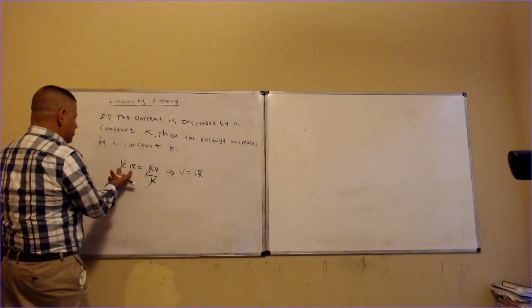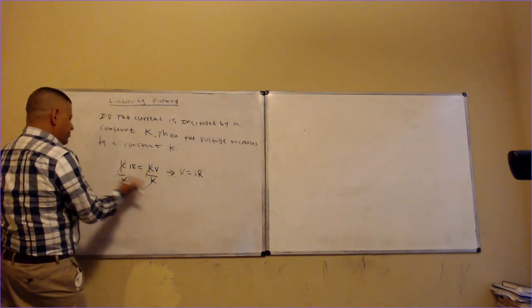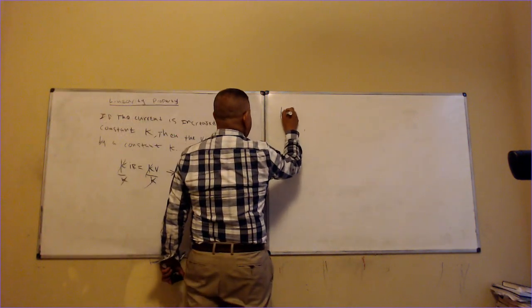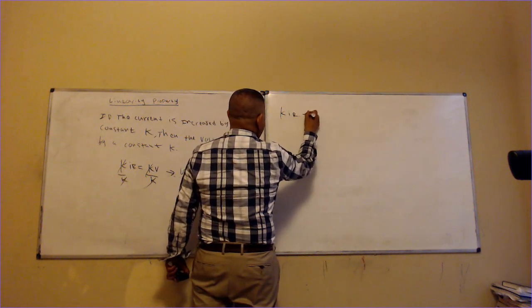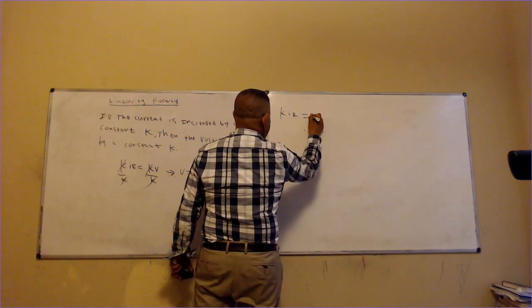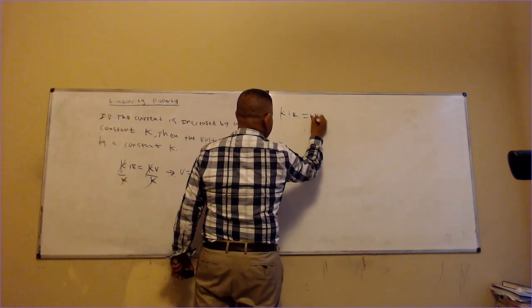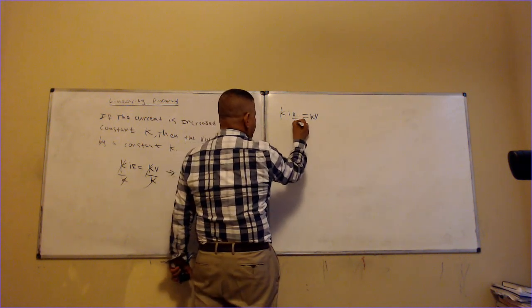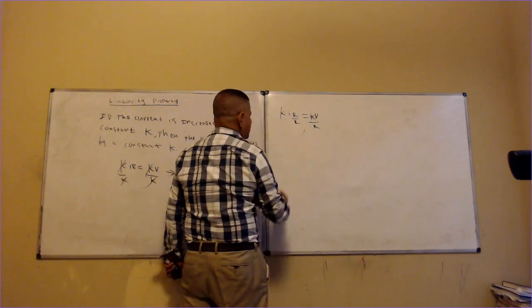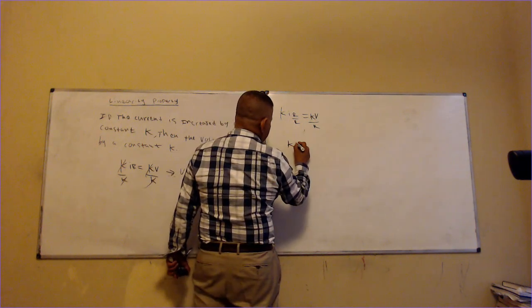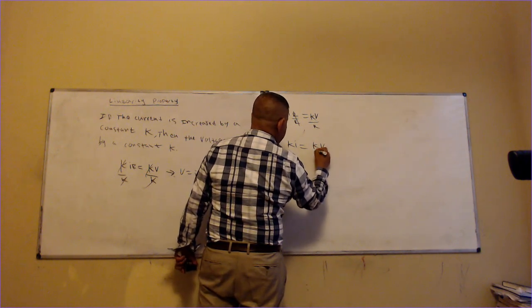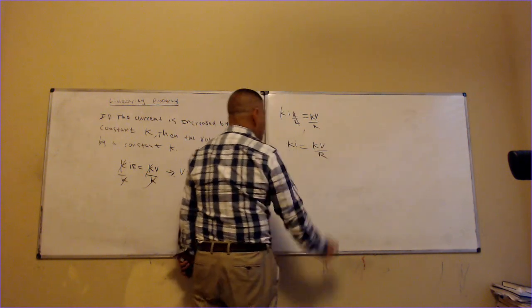But the current is also directly proportional to the voltage, and you have a K in front of it. What I'm trying to say is if you have K I R equal to K V, and you want to solve for I, you divide by R, and what you get is K I equal to K V divided by R, which is the same Ohm's law.